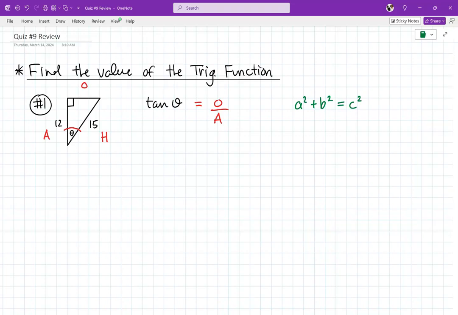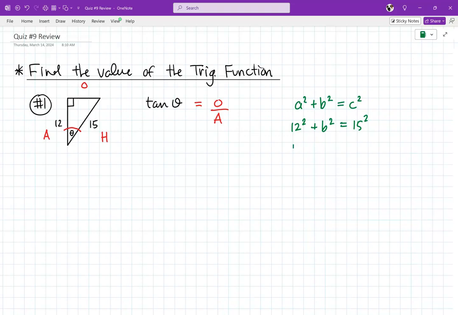So we're going to use this definition, a squared plus b squared equals c squared. Remember, the letter c is always your hypotenuse, right? A and b can be either one of the legs, but c has to be your hypotenuse. So I'll let 12 be a, just because I want to. It doesn't really matter. And then c has to be 15.